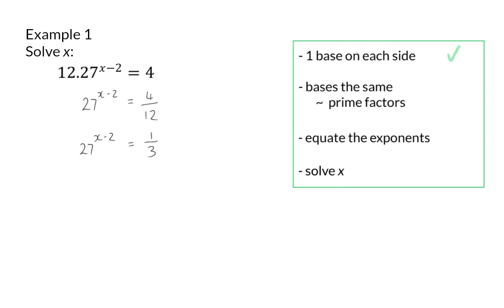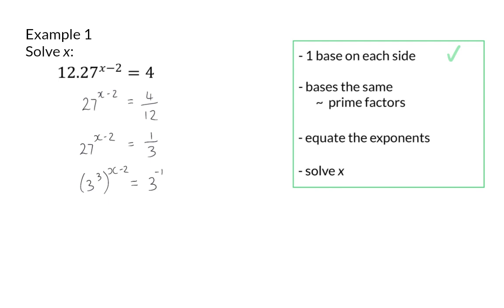Next, I want the base on each side to be the same. So I'm going to rewrite the 27 in terms of prime factors as 3 to the power of 3, which is still to the power of x minus 2. And on the right-hand side, I'm going to use exponential definitions to rewrite a third as 3 to the power of negative 1.